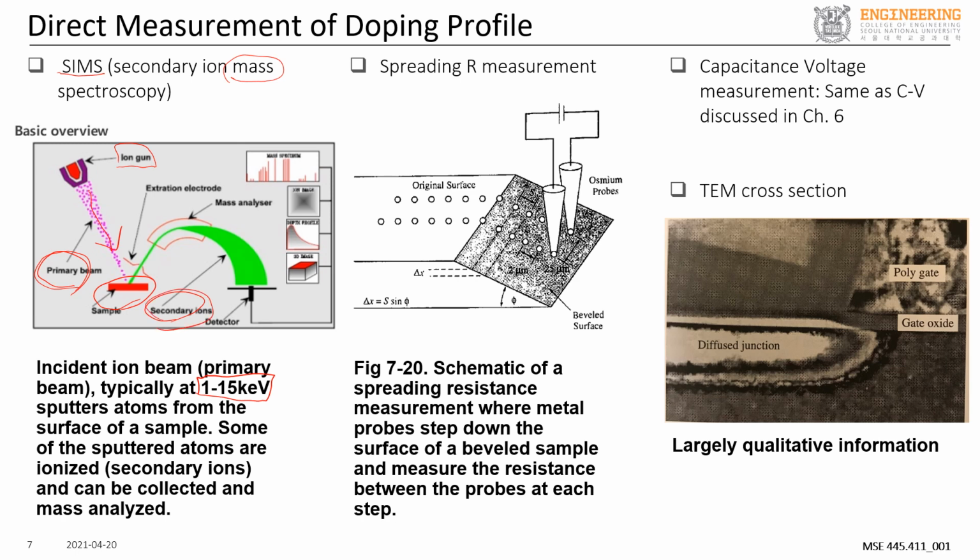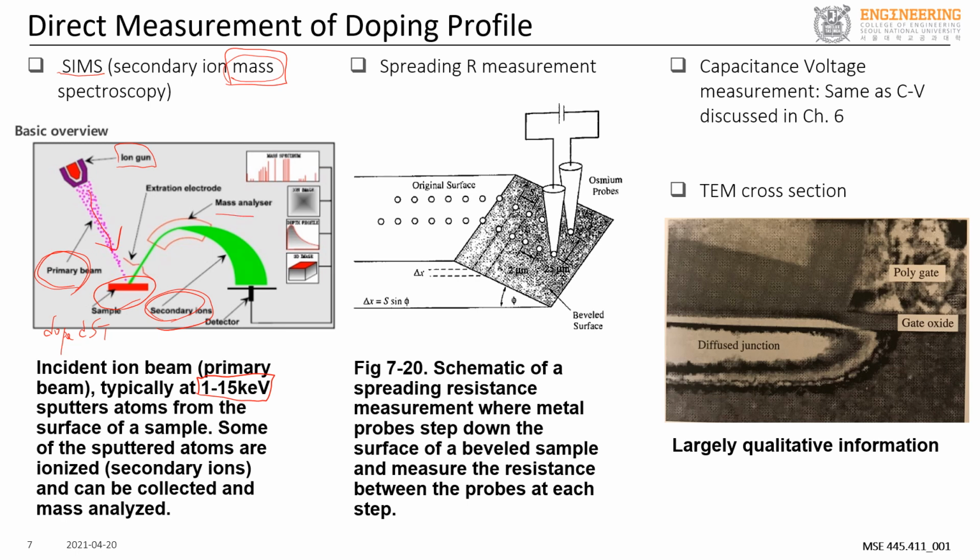That will generate the secondary ions, which will contain the dopants. So if it is silicon that is doped, in your secondary ions you will get silicon atoms and also dopant atoms or ions as well. And they will have different mass, so that's why we put mass in here.